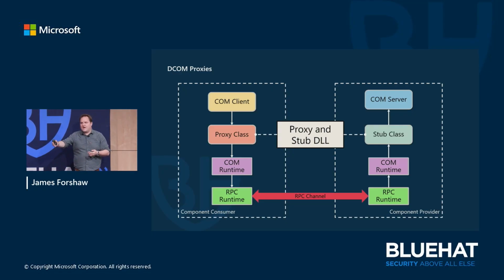So it invokes the correct method on the object inside the COM server. So without having one of these, even if an object exposes a particular COM interface to a normal caller, it'll only be exposed remotely, like out of process, if one of these proxy and stub DLLs is installed.